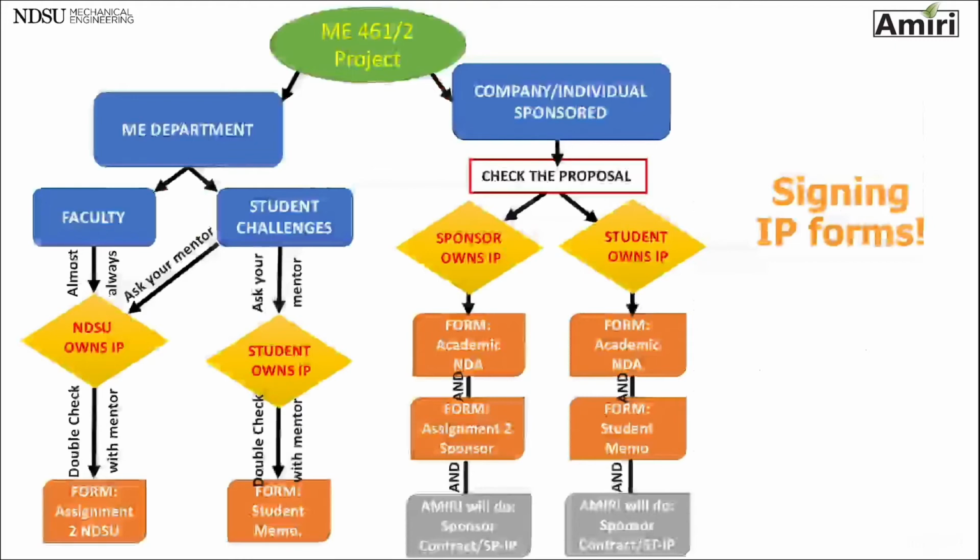If you've talked about intellectual property and different kinds of intellectual property in ME361, now you're seeing it in action, especially for non-disclosure agreements. So if your project is one of the ME department sponsored projects, so it's either proposed by a faculty or it could be a student challenge.